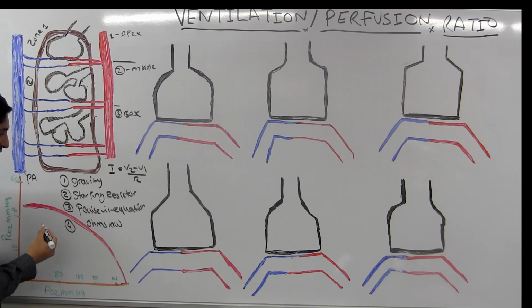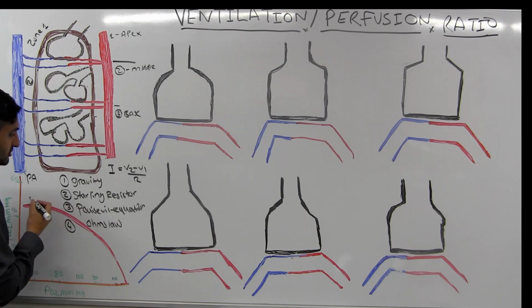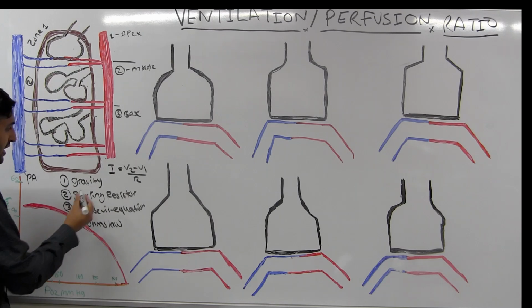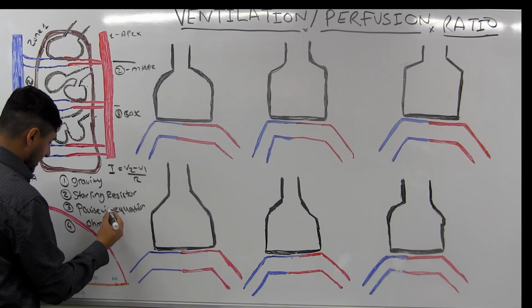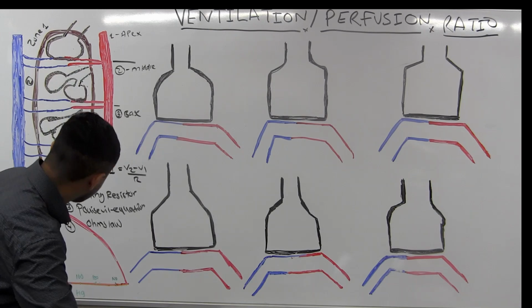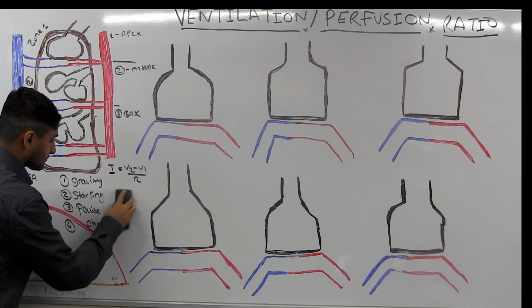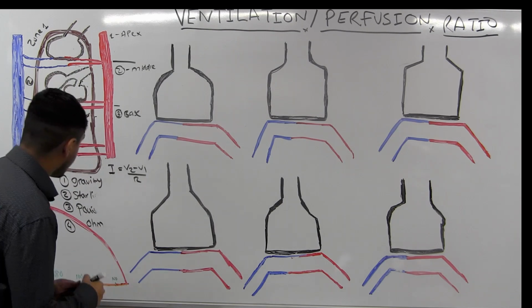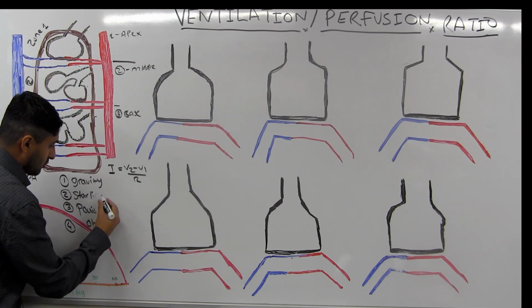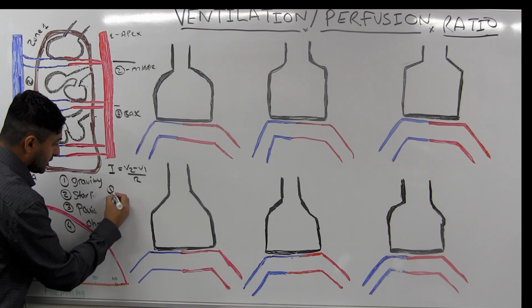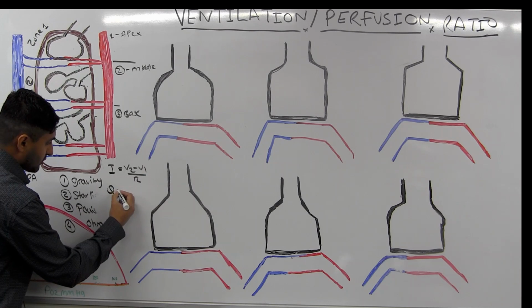But this same concept was actually applied by this guy, Poiseuille, with his equation. So what he said is, okay, let me write it down. Let me erase this and we'll just write right here. If you want to find the flow, Q as the flow symbol, that is perfusion, blood flow.